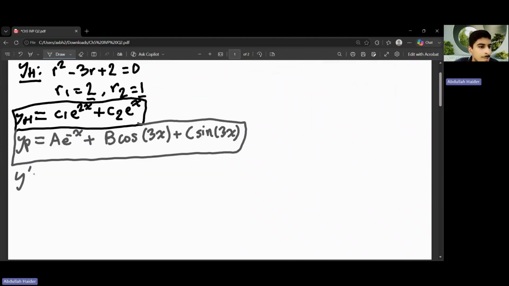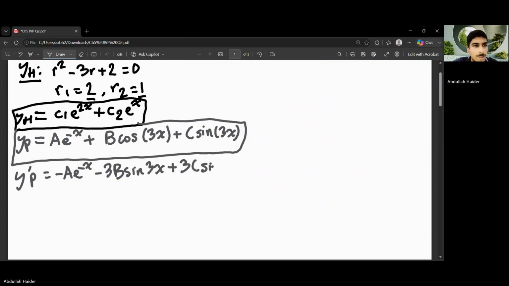So y prime of p will be minus a e^(-x) minus 3b sine 3x plus 3c cosine 3x.